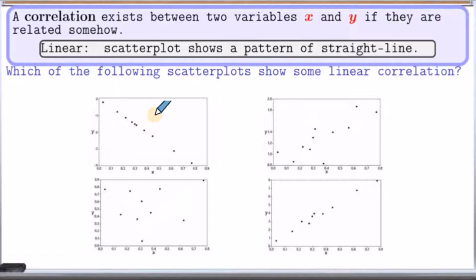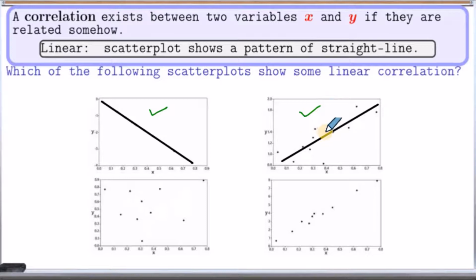So this first one here clearly shows a straight line pattern. Let me draw a straight line here. So therefore, this one has linear correlation. Now let's look at the second one, this one here. So this second one also shows somewhat linear pattern. Let's draw the straight line here.